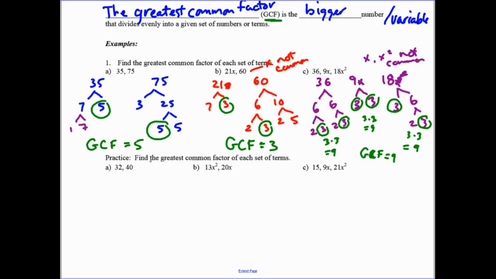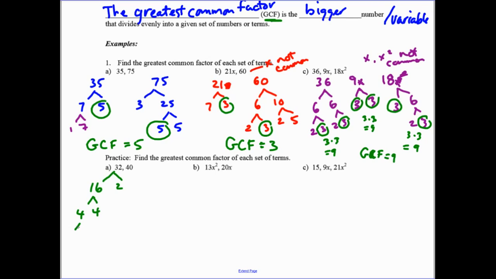So we can keep going, find the greatest common factors for each set. So we can keep going and do the numbers like this. So 32, so 16 and 2. 2 goes no further. But what does 16 break down to? Well, 4 and 4. Okay.